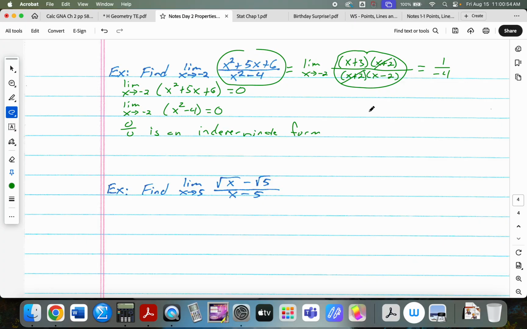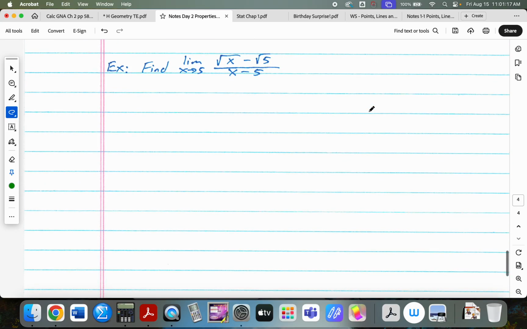All right. So that's going to come up on your homework tonight. If you get an indeterminate form, one of the ways that you can deal with it is to factor and see if something cancels. If it does, great. If it doesn't, well, then you probably shouldn't have 0 over 0. Okay? Now, let's take a look at this one.